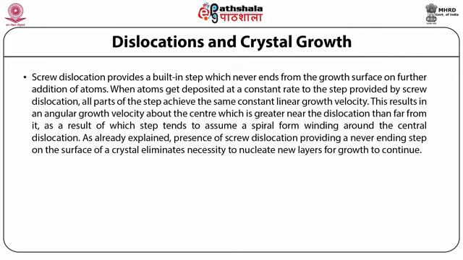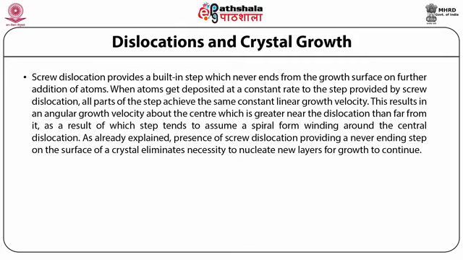This results in an angular growth velocity about the center, which is greater near the dislocation than far from it, as a result of which steps tend to assume a spiral form winding around the central dislocation.